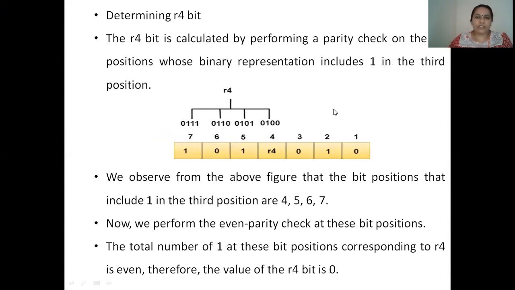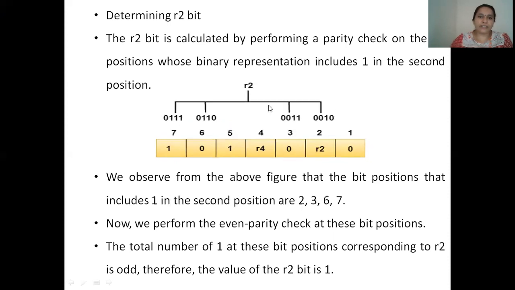Now coming to the calculation of the redundant bit R2. To calculate the value of R2 bit, we make use of those bit positions whose binary representation contains a 1 in their second bit position. When we observe the binary equivalents of these bit positions, we get to know that the positions 2, 3, 6, and 7 will have a 1 in their second bit position. Now we take the data value from these bits.